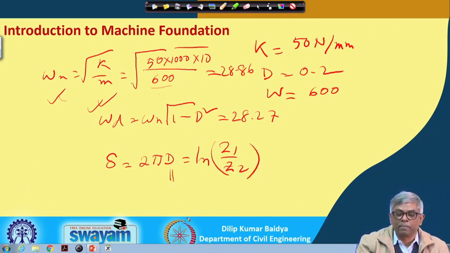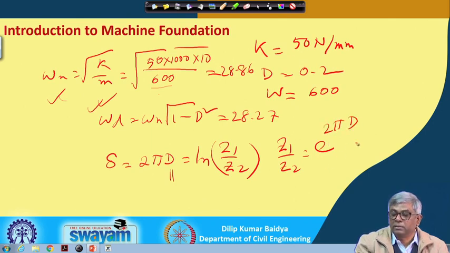So, D is already known, and so your z 1 by z 2 will be equal to e to the power 2 pi D. So, it will be equal to e to the power 2 multiplied by pi multiplied by 0.2, that becomes 1.256.